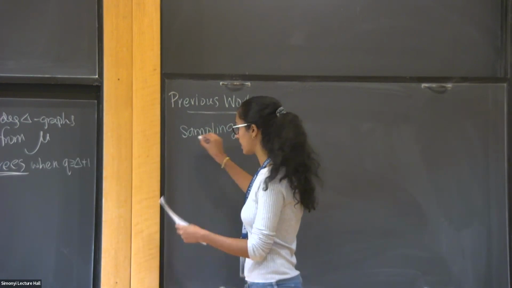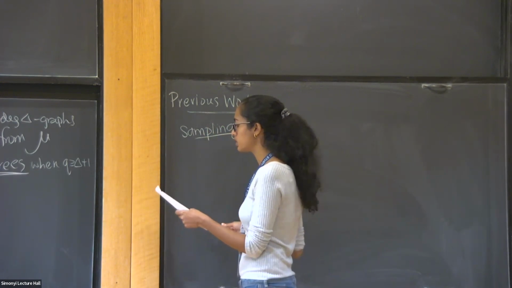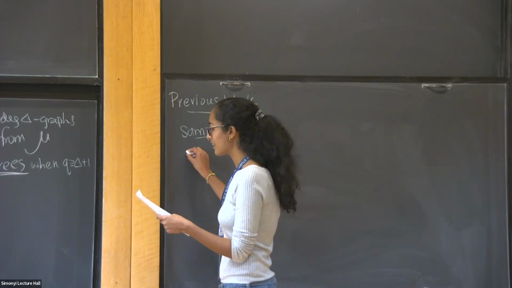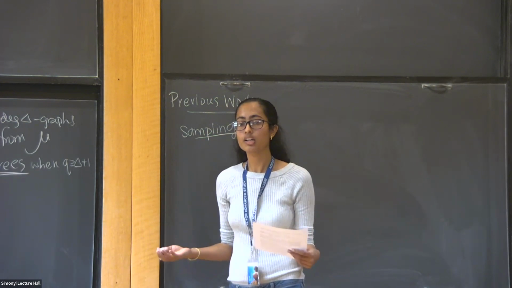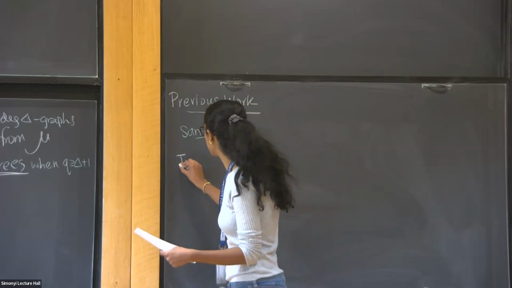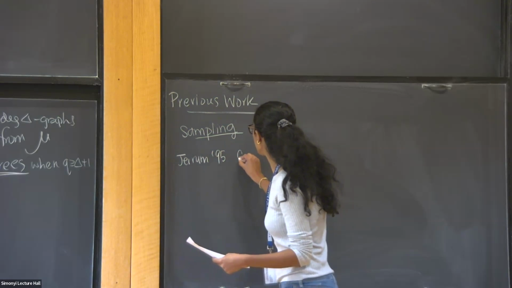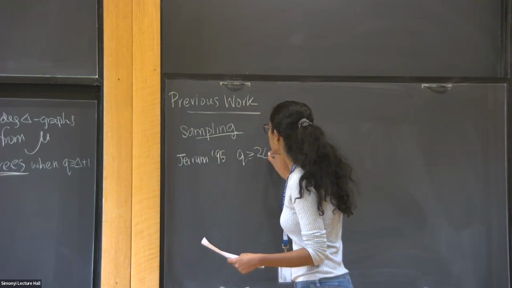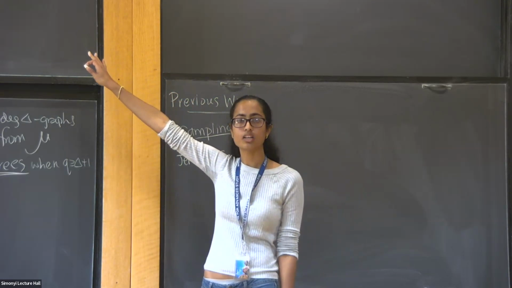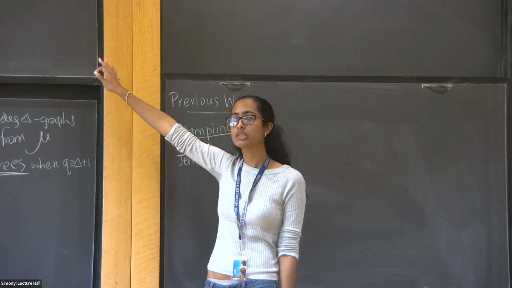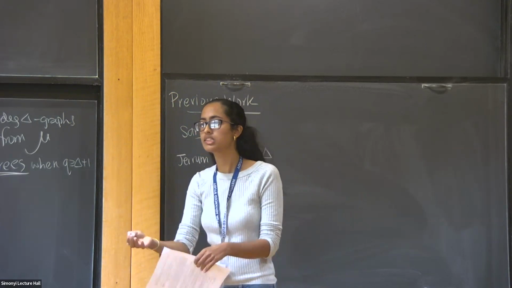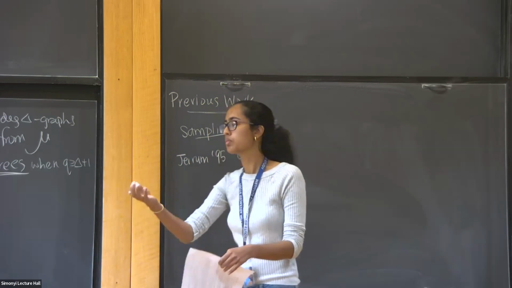So on the sampling side, very classically, maybe the first big progress came when Jerrum in 1995, I think, showed that when Q is at least 2 delta, this Glauber dynamics algorithm mixes efficiently, which you can see by path coupling, by showing that at every step there's a coupling where you on average make progress.